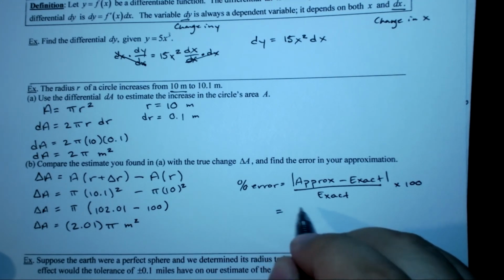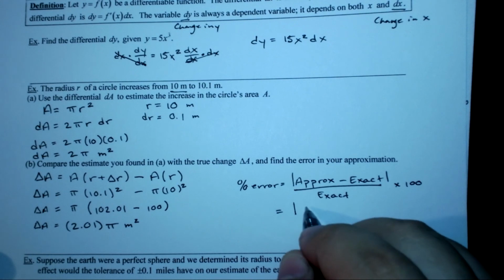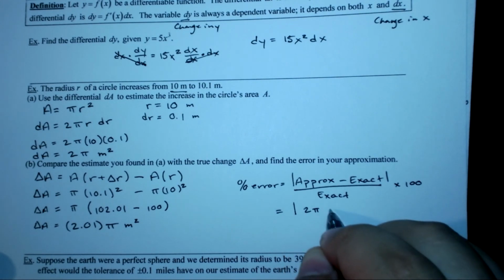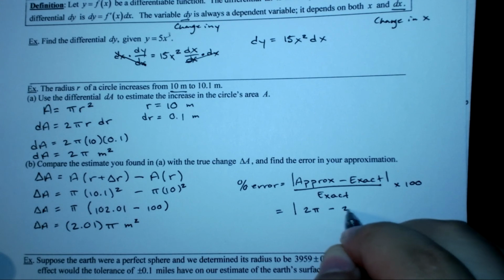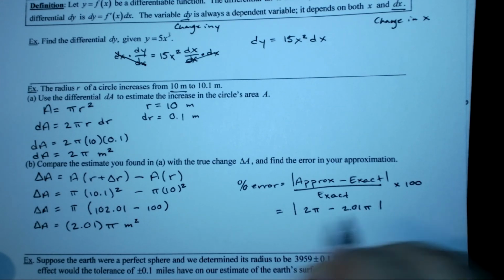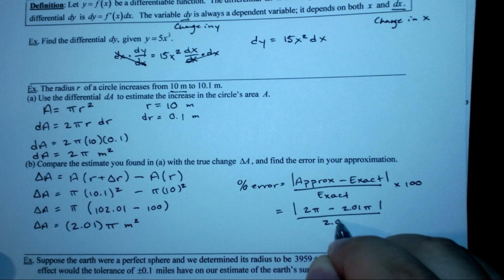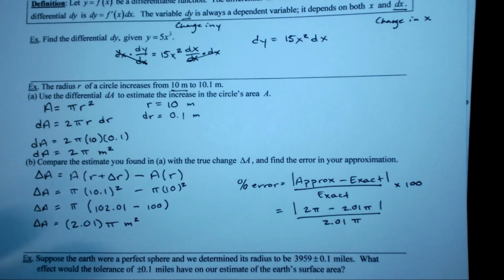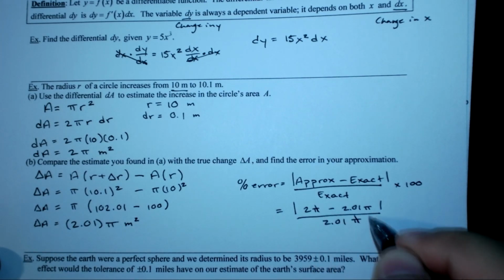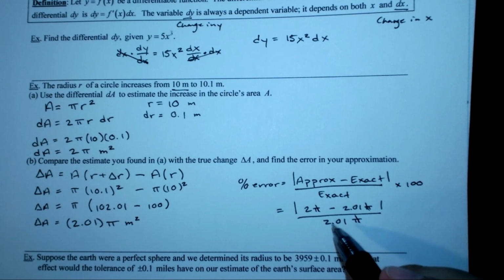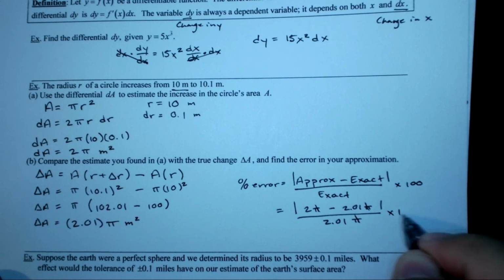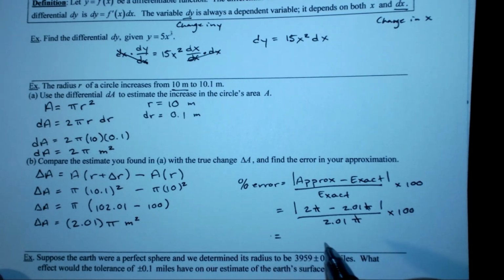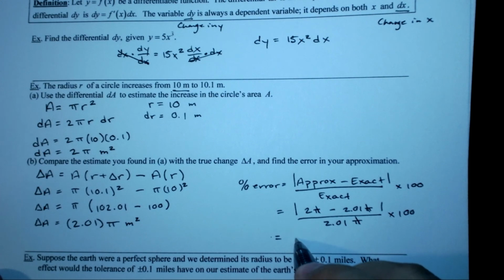So you have the approximate value, which is 2 pi, minus the exact value, which is 2.01 pi, over 2.01 pi. The pi's all cancel out, and we're left with 0.01 over 2.01 times 100. So this is a percent error of approximately 0.497%.